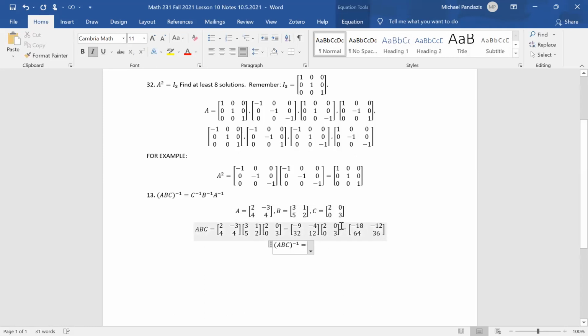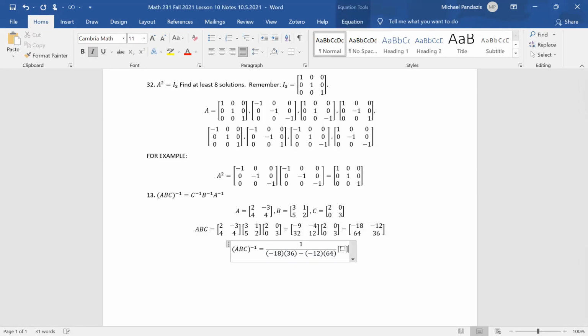So to take the inverse, it's 1 over AD minus BC. So it's -18 times 36 minus -12 times 64.